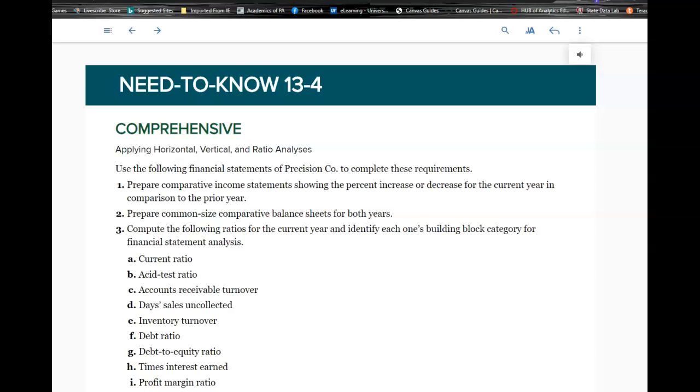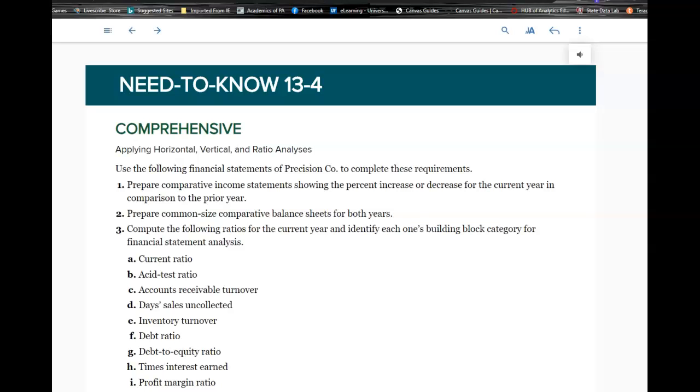Okay, so a couple of things we're going to be looking at. What kind of analyses are we going to do? There are several different types of analyses that you're going to be performing. First of all, you may be doing some form of horizontal analysis, which basically compares financial condition and performance across time. You may be doing some kind of a vertical analysis, which basically takes everything to some kind of base amount.